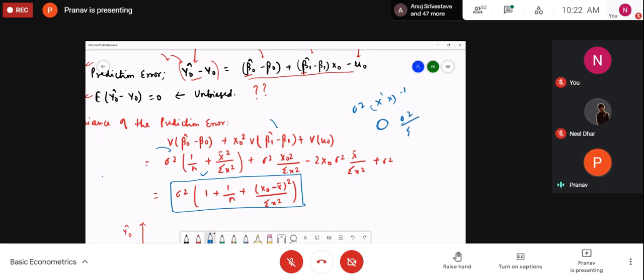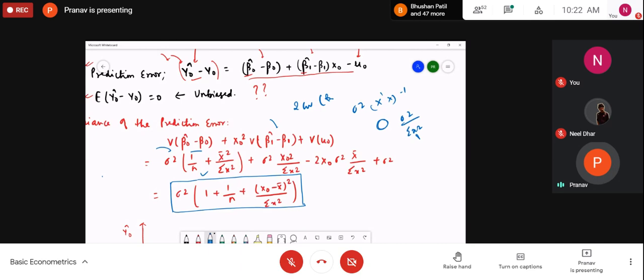We know that it is sigma square upon summation x square. This summation x, small x, tells you that it is in deviation form. So sigma square times x naught square upon summation x square, plus 2 times covariance of beta naught hat minus beta naught into beta 1 hat minus beta 1.